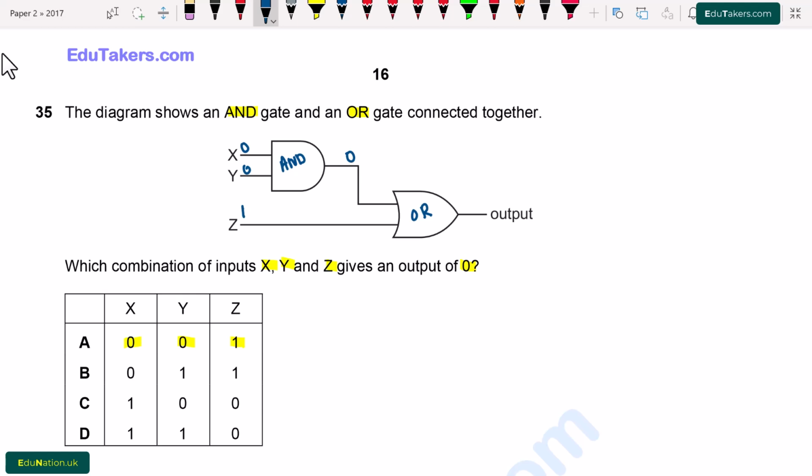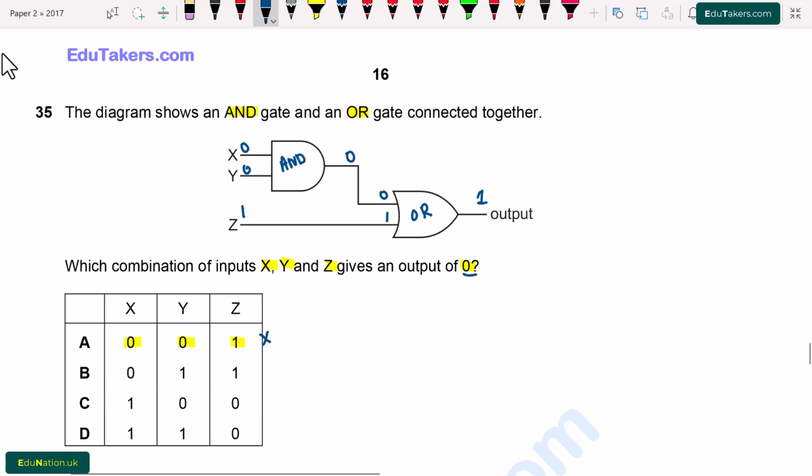Next, in the OR gate, we say that if any one of the inputs is high, the output will be high. Otherwise, if both of the inputs are low, the output will be low. Here 0 comes here and the input of Z comes here. 0 and 1 when combined by the OR gate here will be 1. So this option is incorrect because we want the output 0, but here output is 1.